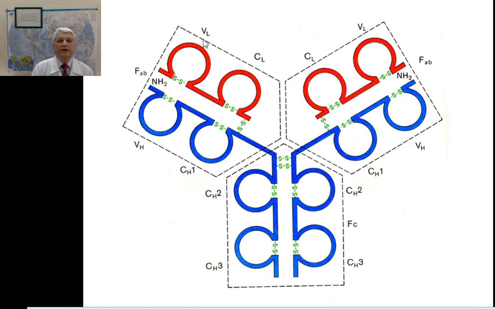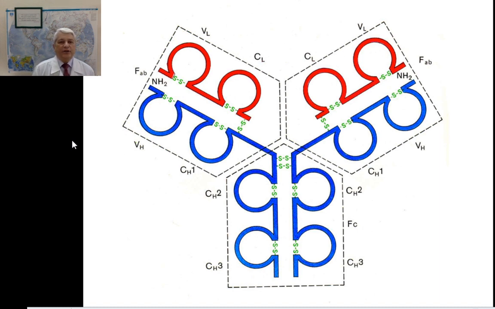And we have the variable domain of light chain and the constant domain of light chain. What is situated here? You remember, here we have the antigen binding site, and here we have the second antigen binding site. Disulfide bonds here, here, and here are necessary for connecting different chains together in one molecule.